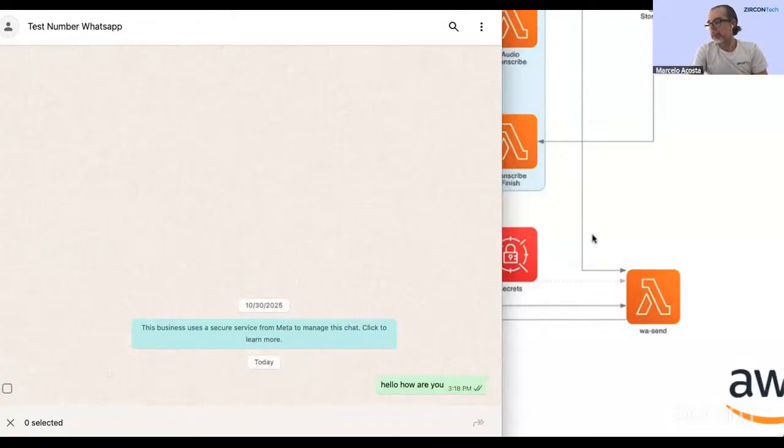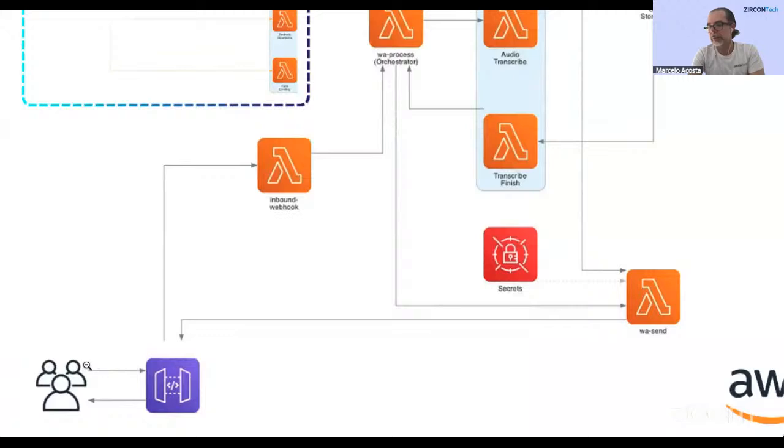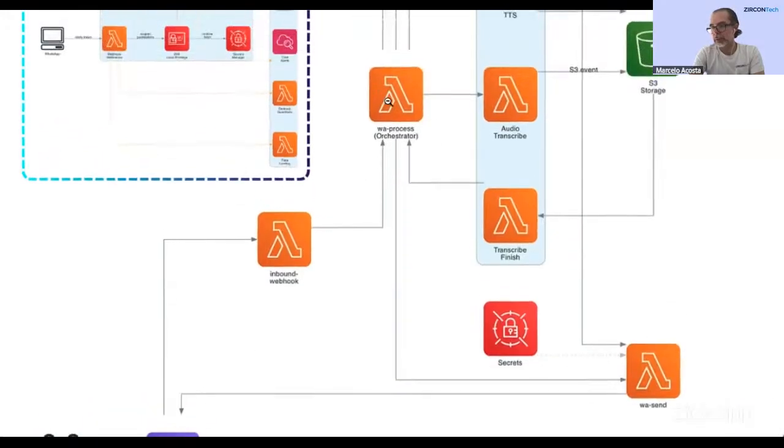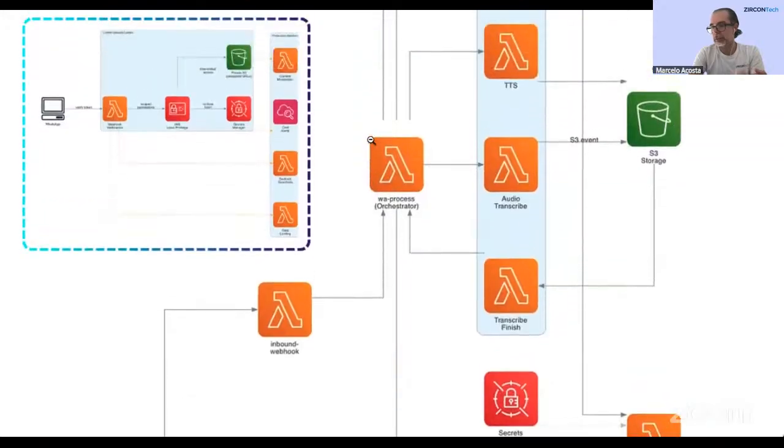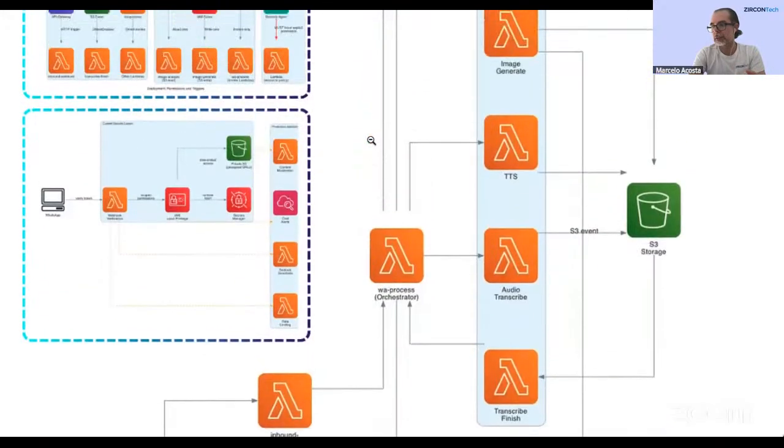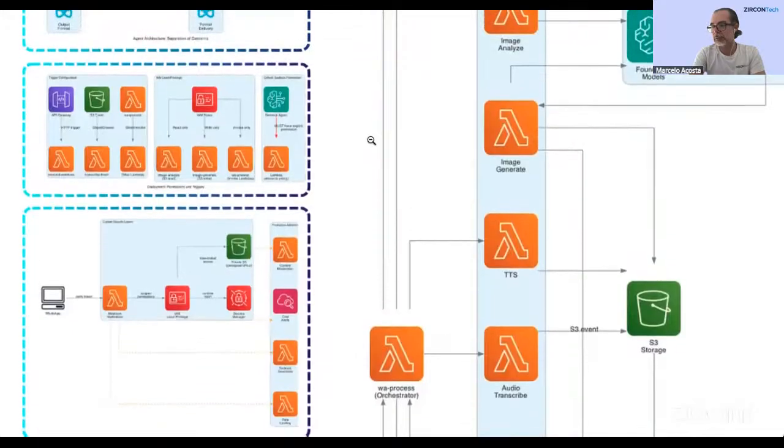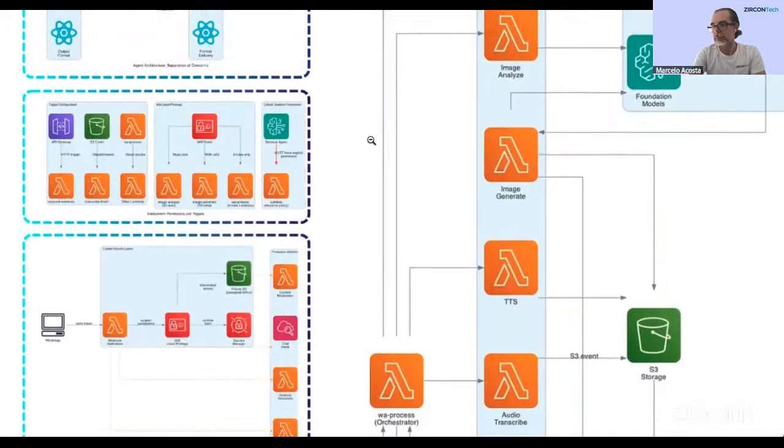What's happening here? I send a message from my phone through WhatsApp, through an API endpoint here. This is processed by this Lambda here. What I am receiving is processed by this other Lambda function that says, okay, do I have to do something with this file? Do I have to generate an image? Do I have to create some text?